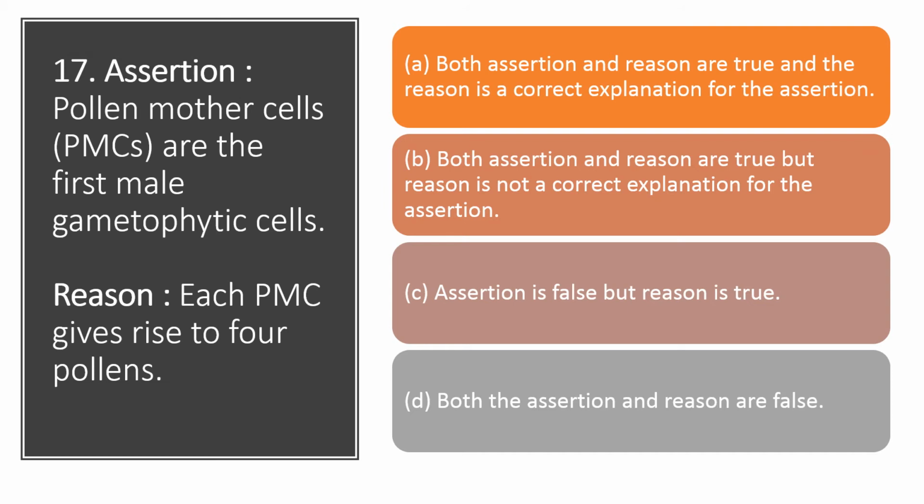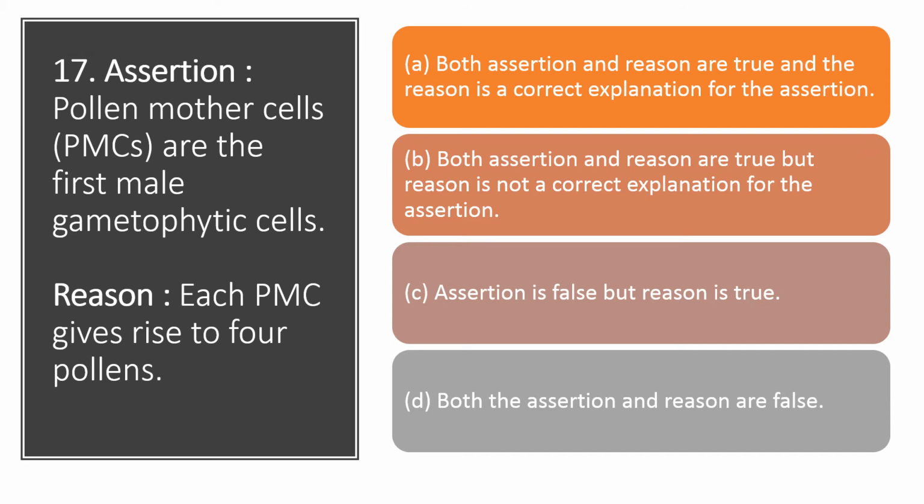The second mitotic division leads to the 2 male gametes in the generative cell. So the assertion is incorrect, or it is a false statement, because here they mention pollen mother cells are the first male gametophytic cell, but the pollen grains are the first cell of the male gametophyte. So the assertion is wrong.